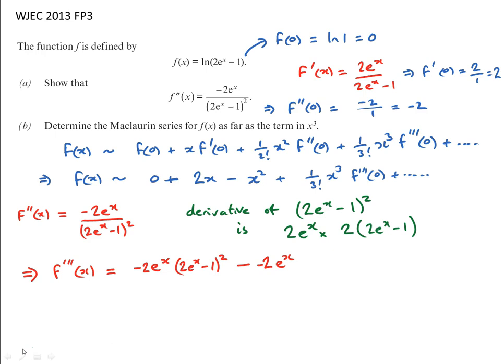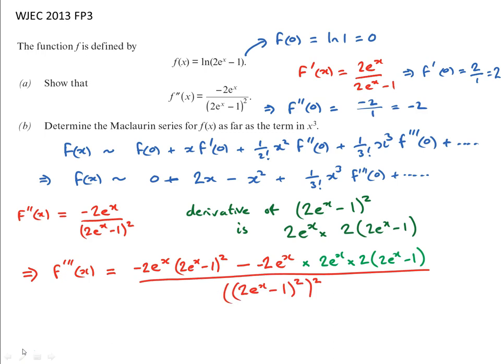And using the chain rule, we obtain 2e to the x times by 2 lots of (2e to the x take away 1). So the v dash term on our quotient rule is 2e to the x times by 2 lots of (2e to the x take away 1). And then we have to divide all of that by v squared, which is (2 lots of (e to the x take away 1) squared), itself squared.